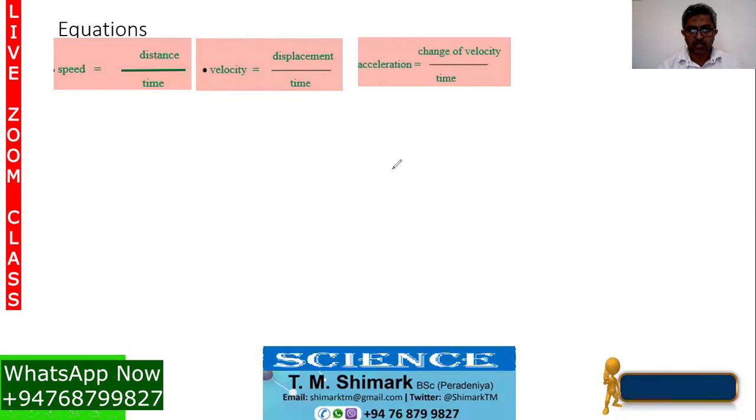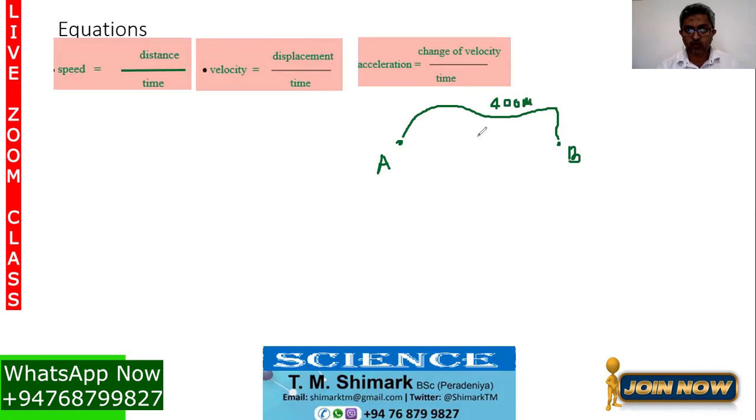You have learned that there are two places, A to B. These two places can be reached in different ways. Let's say the path is 400 meters. For velocity we always take the displacement, which is the shortest distance between these two positions. The shortest distance is surely going to be less than 400, so velocity and speed will differ.